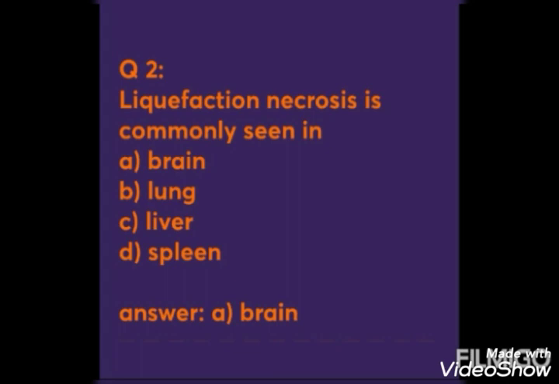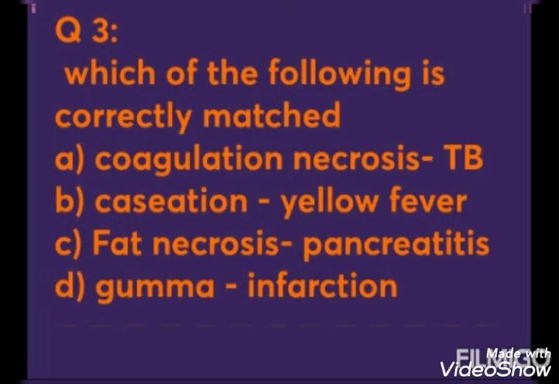Next, moving on to question number 3. Which of the following is correctly matched? Option A, coagulative necrosis, TB. Option B, caseous necrosis in yellow fever. Option C, fat necrosis in pancreatitis. Option D, gangrene in infarction.